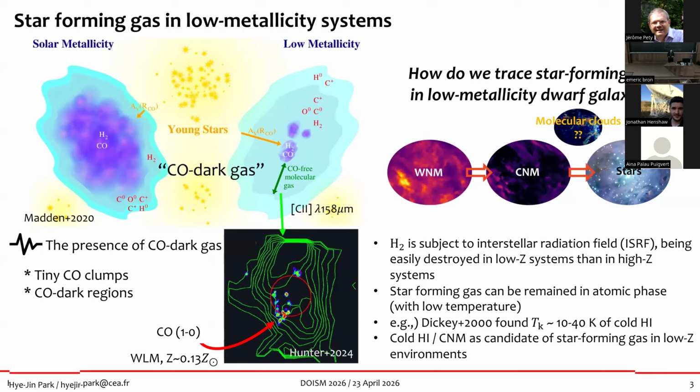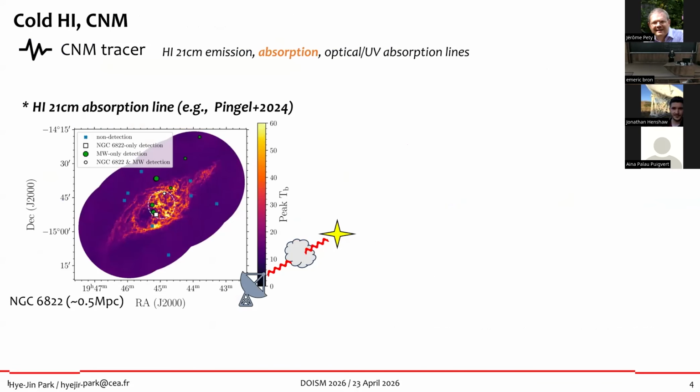There have been some studies showing that star-forming gas can remain in the atomic phase. For example, Kanekar 2000 found that cold HI can remain at like 10 to 40 Kelvin, which is very low temperature. So we focus on the cold HI or CNM.